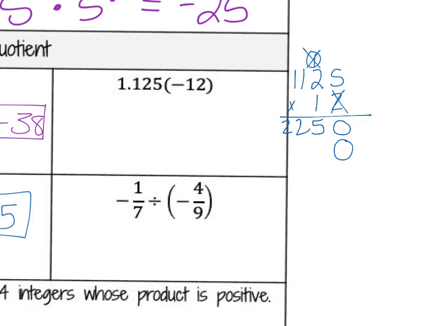Move on to the tens. 1 times 5 is 5, 1 times 2 is 2, 1 times 1 is 1, and 1 times 1 is 1. We add them together. Okay, 0 plus 0 is 0, 5 plus 5 is 10, 1 plus 2 is 3, plus 2 is 5, 2 plus 1 is 3, and then 1.